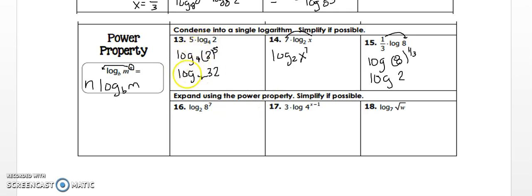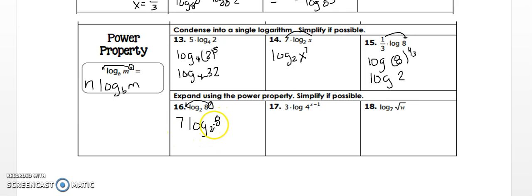All right, these we condensed, so we had one log. These we're going to actually split up. So every time this exponent, because it's the power property, is just going to move out front. So that 7 moves out front. So this becomes 7 log base 2 of 8. Well, this thing means 2 raised to some power is 8. Well, this is 2 to the x is 8.